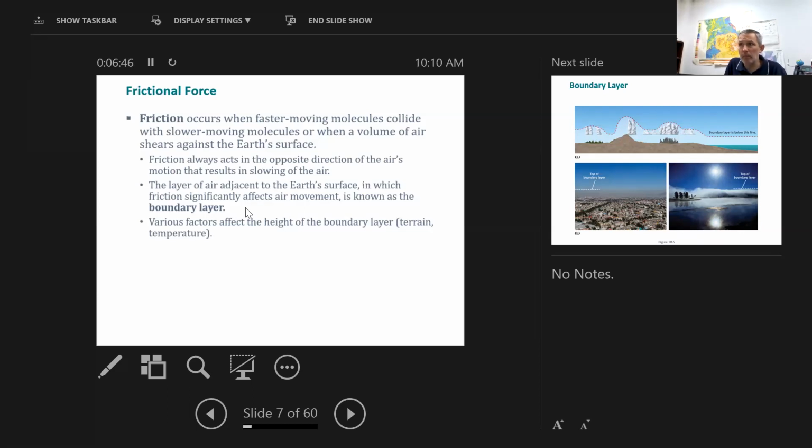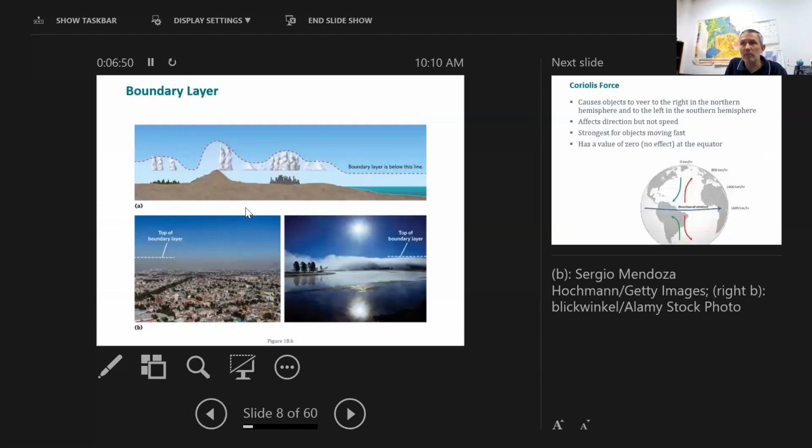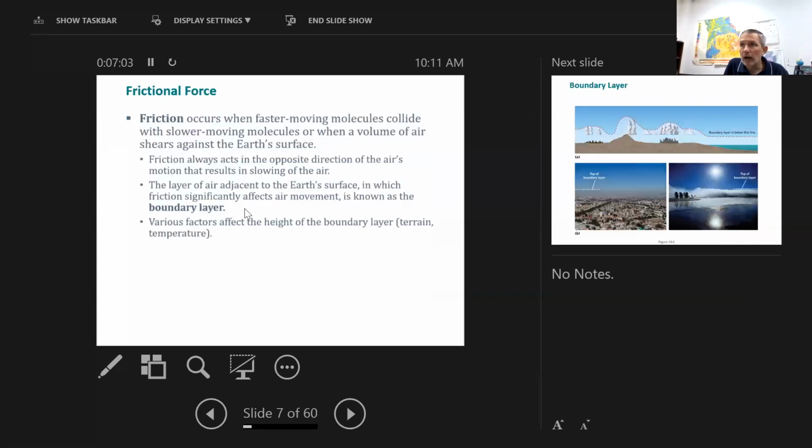This boundary layer, you'll notice, mimics the landscape as well. There's a couple of different portions of this boundary that we're looking at, where the air is adjacent to the surface, where the friction is significantly affecting this layer.